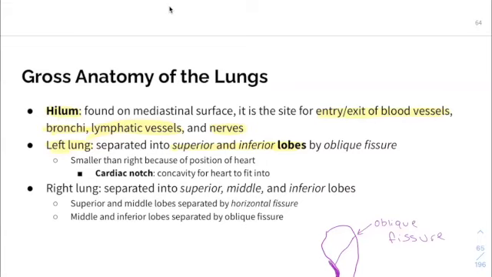Our right lung has a superior, middle, and an inferior lobe, as we looked at in that one picture. Your right lung has a horizontal fissure and an oblique fissure. The horizontal fissure goes between the superior and middle lobes, and between the middle and the inferior lobes is an oblique fissure.